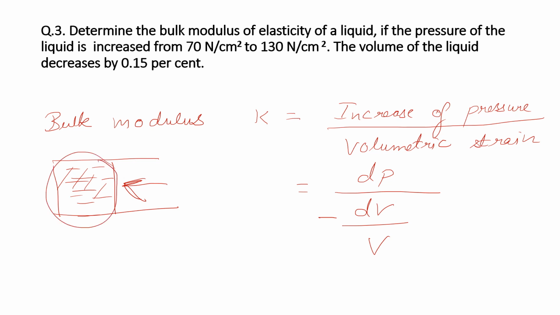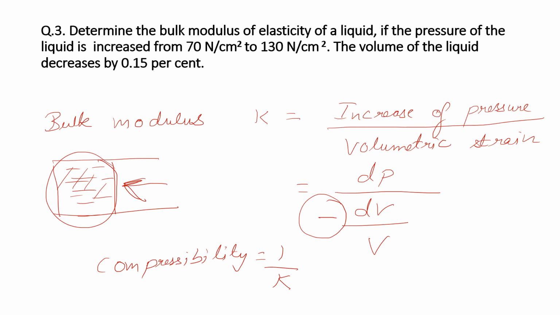So to make this quantity positive, we generally use a negative sign here. So the negative sign denotes that the volume decreases with the increase in pressure. There is one more term known as compressibility, and it is defined as the reciprocal of the bulk modulus.